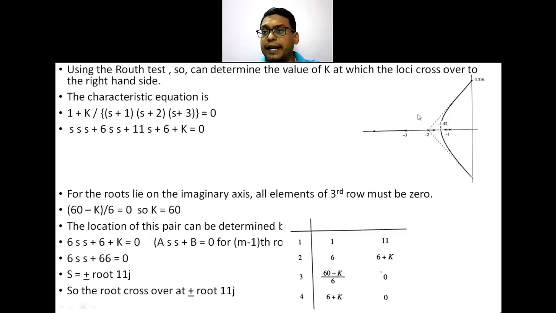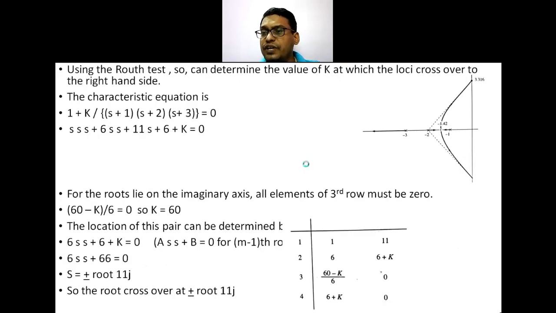So we have plotted three branches, starting from -3, -2, and -1, each following one of the asymptotes from the breakaway point.